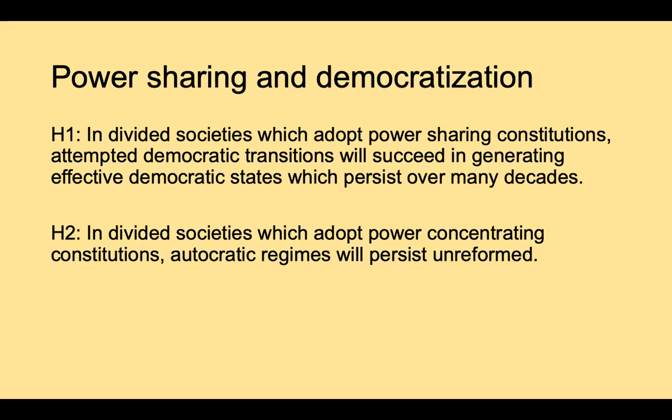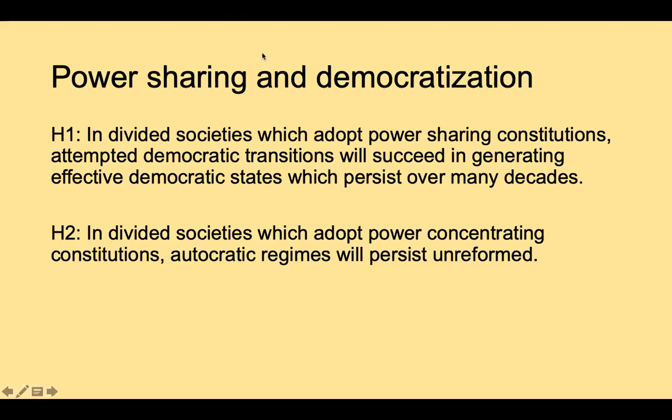These are testable, falsifiable hypotheses about the role of power sharing institutions. These hypotheses imply very observable implications. Is it true that power sharing constitutions cause successful transitions? Is it true that power concentrating constitutions cause the failure of democratic transitions and the persistence of unreformed autocracies?